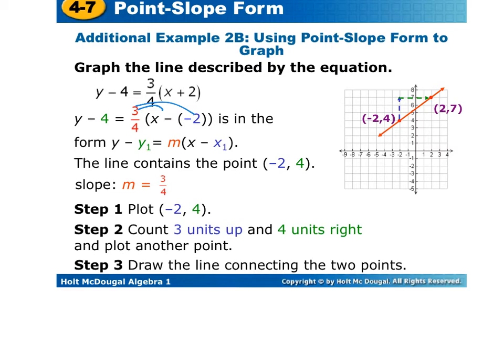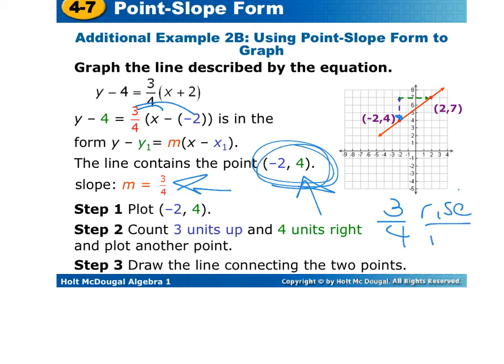But after they put it in point slope, they pulled the order pair back, and then they just moved the slope. So they graphed the order pair -2, 4, and then from that went up 3 and 4 to the right. So up 3 and 4 to the right, got another order pair, connect it, make your line.